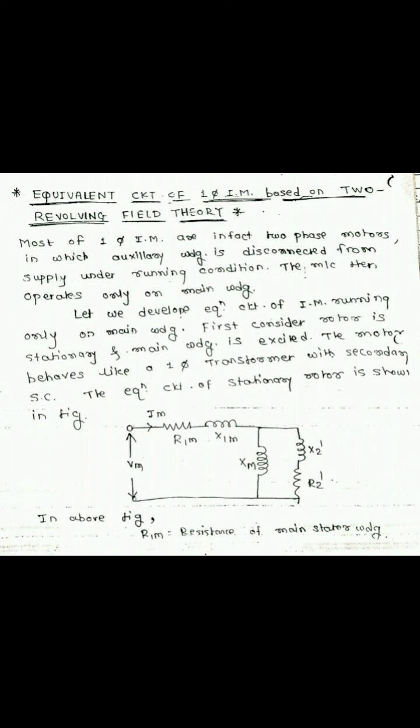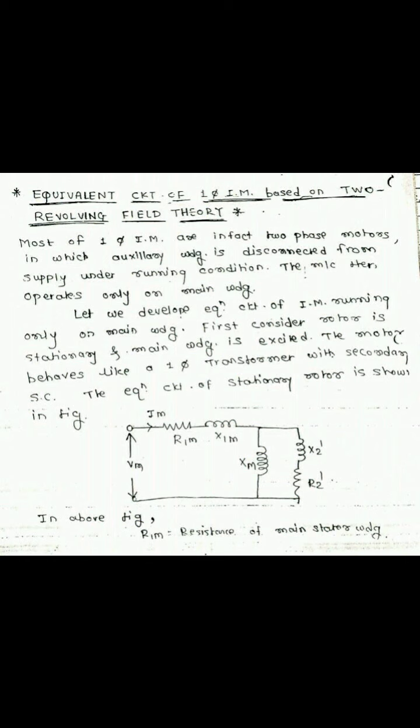Let us develop the equation of a single phase induction motor running on the main winding. First of all, consider the rotor is stationary and the main winding is excited. Then the motor behaves like a single phase transformer with secondary short circuited.